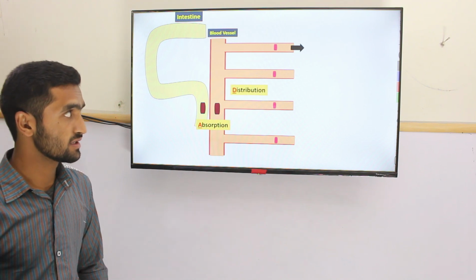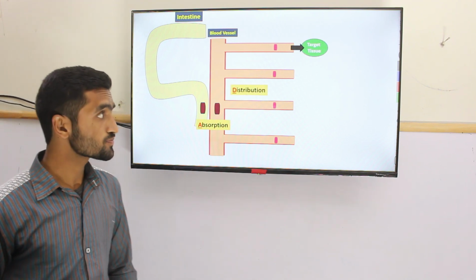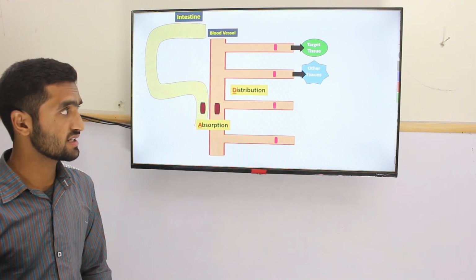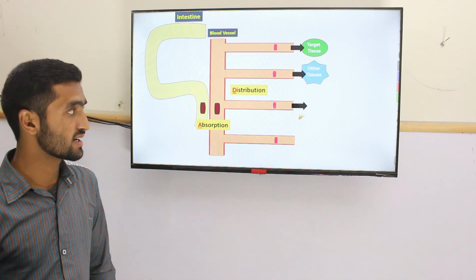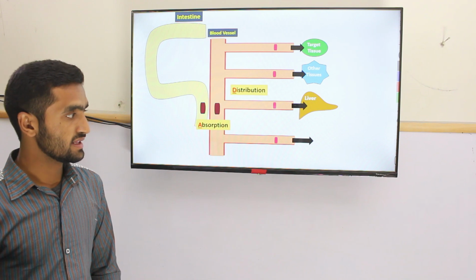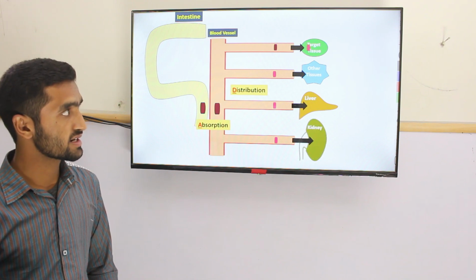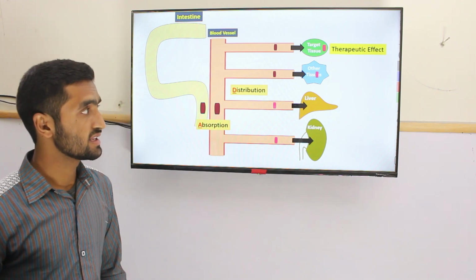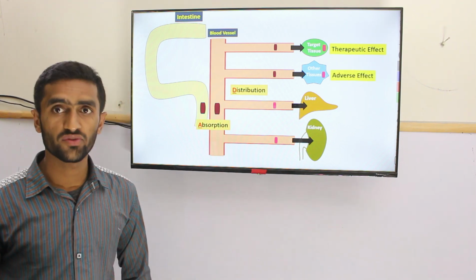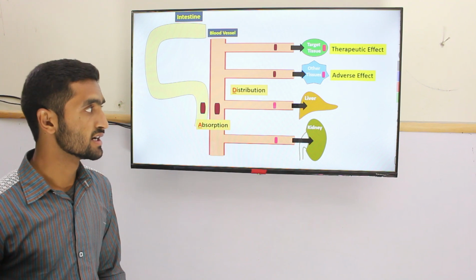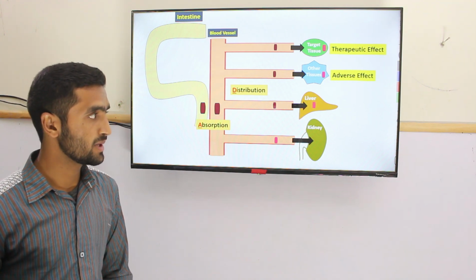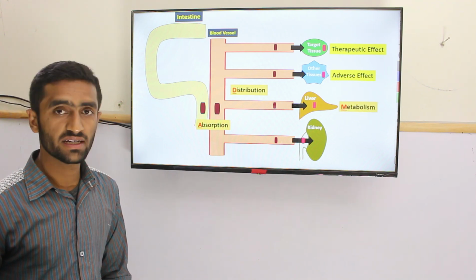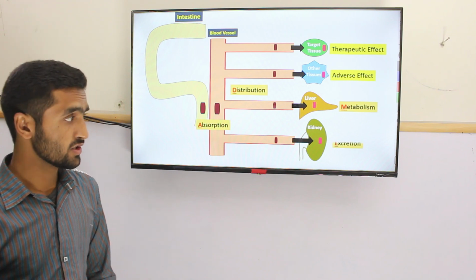It can reach the actual target tissue, and other tissues also, where it causes the side effect, in the liver and in the kidney. The target tissue performs the actual job, the therapeutic effect. In the other tissues it causes the adverse effect, which you also call the side effect, in the liver where it is metabolized, and by the kidney it is excreted.